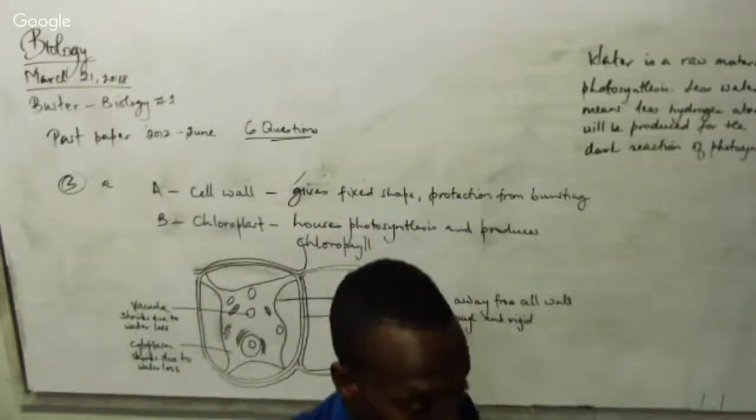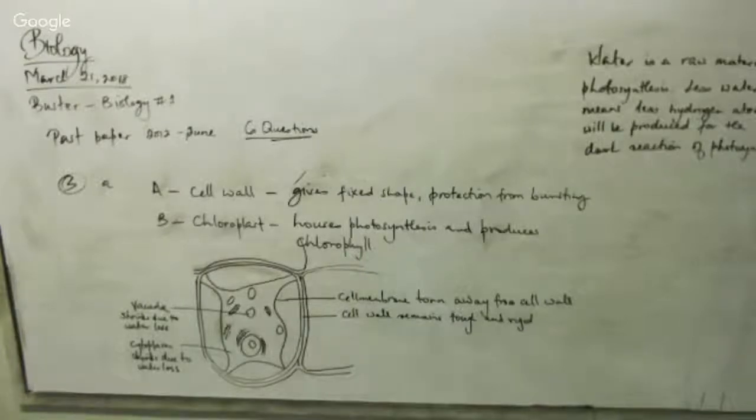The purpose of water is to supply hydrogen atoms so that the carbon dioxide can bond with it in the dark reaction, the light independent stage.